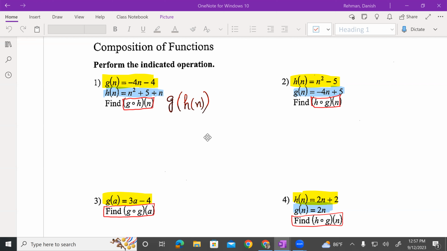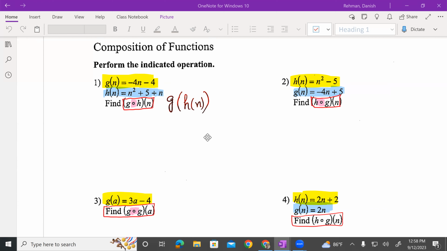Which circle am I talking about? Look at the board again. I'm talking about this pinkish circle. You see that circle? What is before that circle? G. What is after that circle? H, in question number 1.